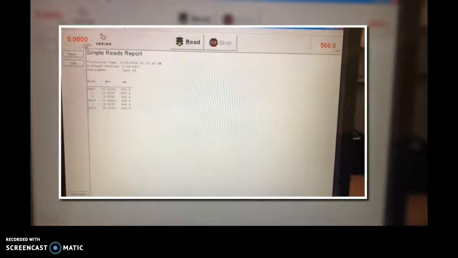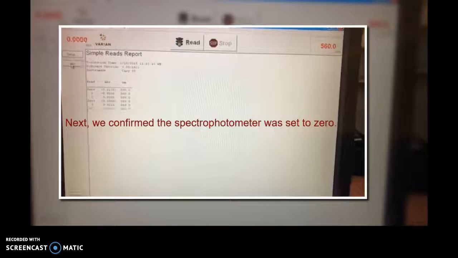Next, we will confirm that the spectrophotometer is set to 0 prior to using.